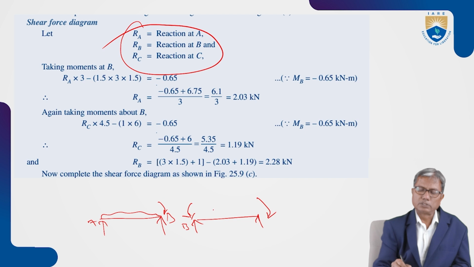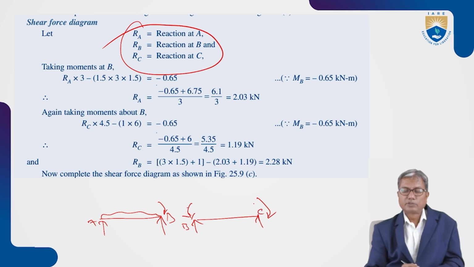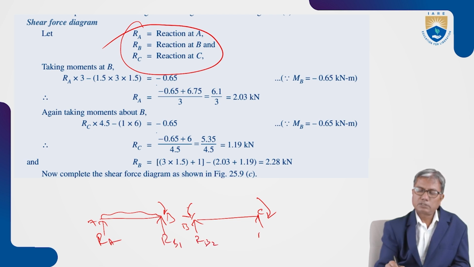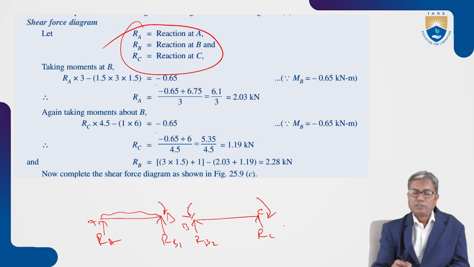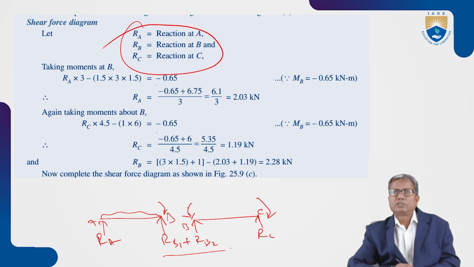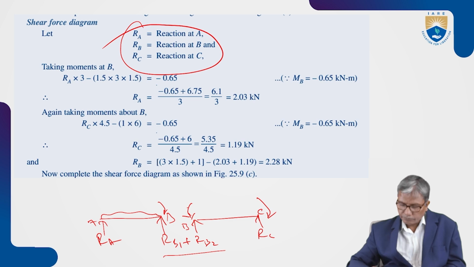There is no load on BC, only end moments. We find RA, RB1, RB2, and RC. The total reaction at B is the sum of RB1 and RB2.